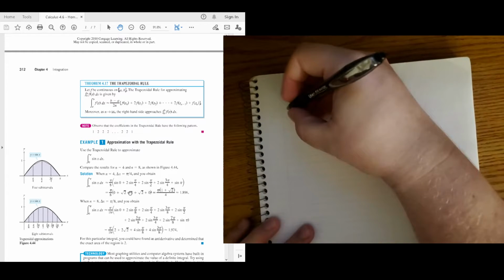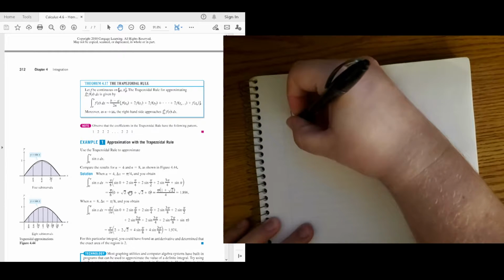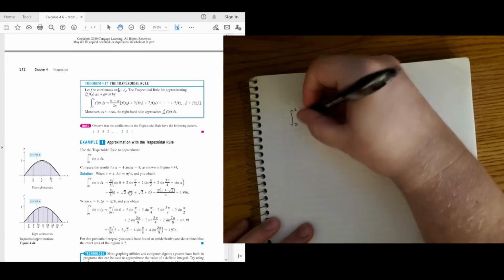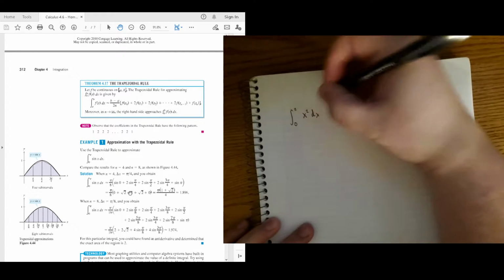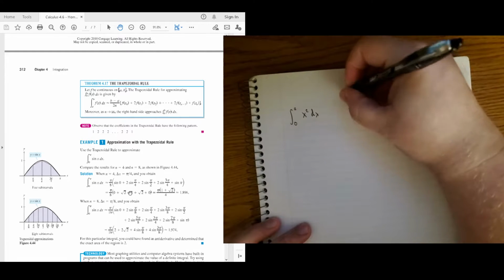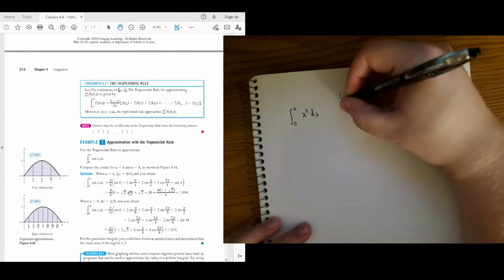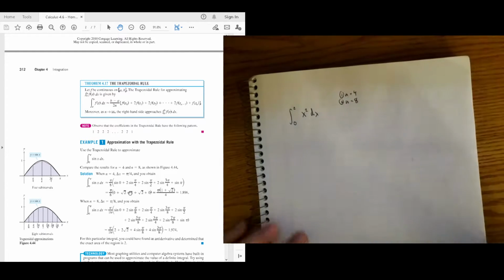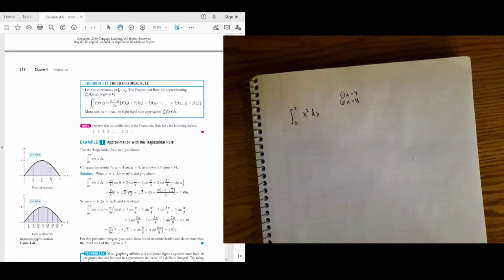So in this case, I'm going to do the integral from 0 to 2 of x squared dx. I'm going to do it twice. Once where my n is equal to 4, and a second time where my n is equal to 8. And so we're going to go through this process a couple times, showcasing the trapezoidal rule as we go.